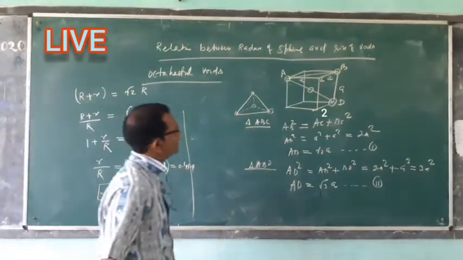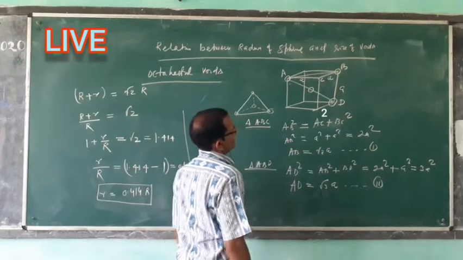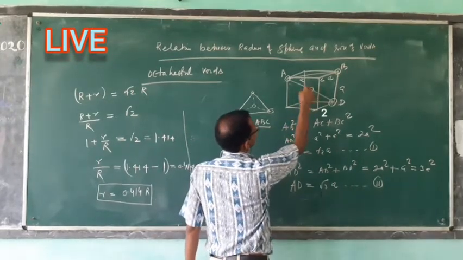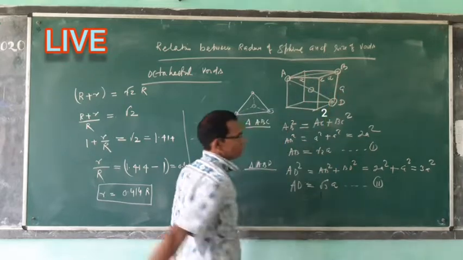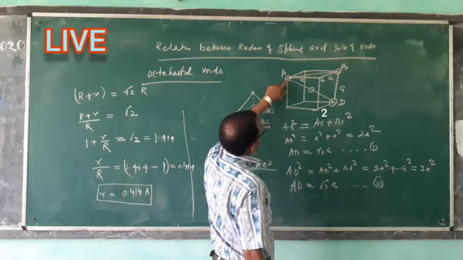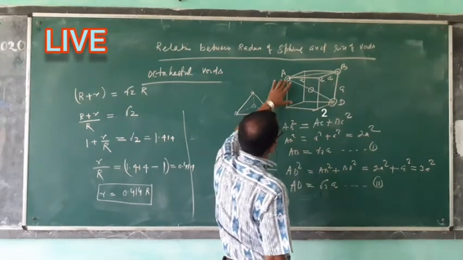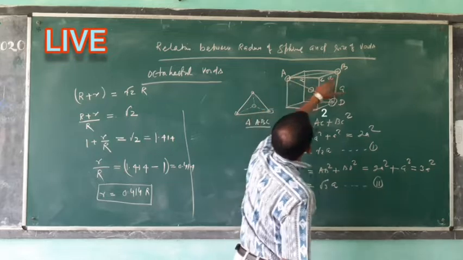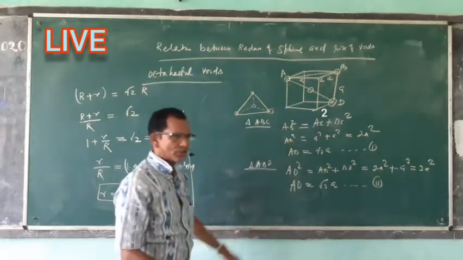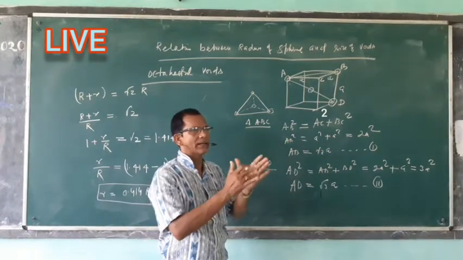Now you see in AB, you consider this is the voids and these are the spheres. So A, B and D. AB is shown like this, but the spheres are coming in contact.